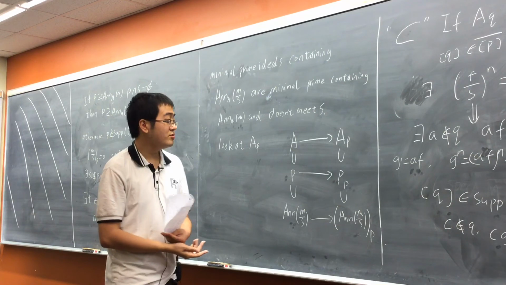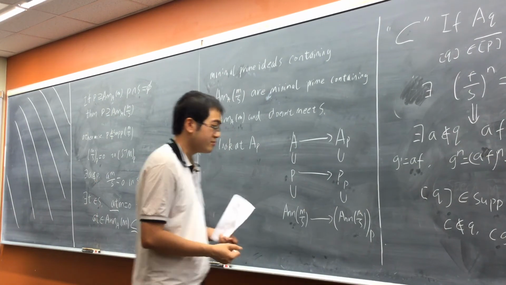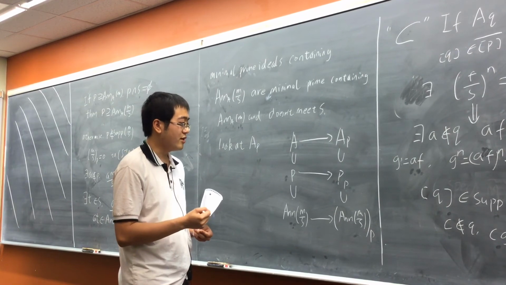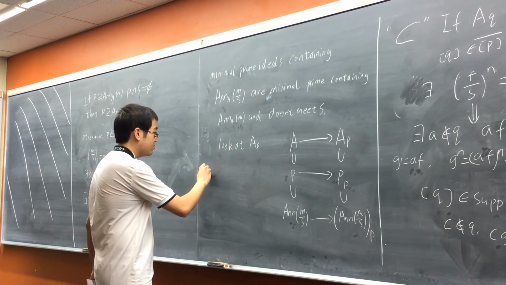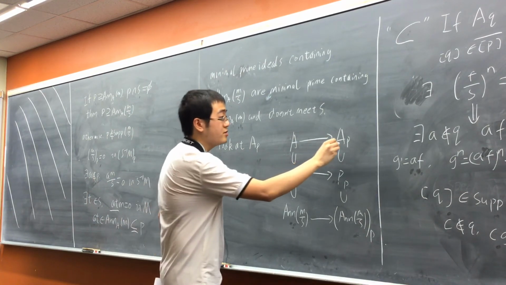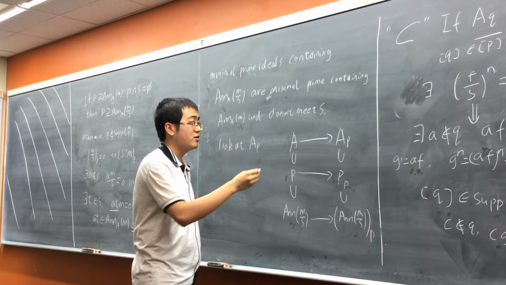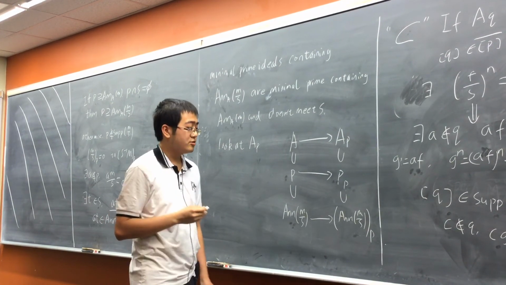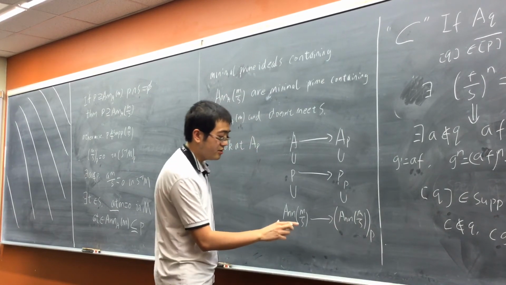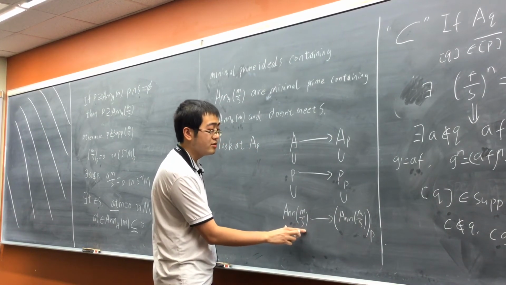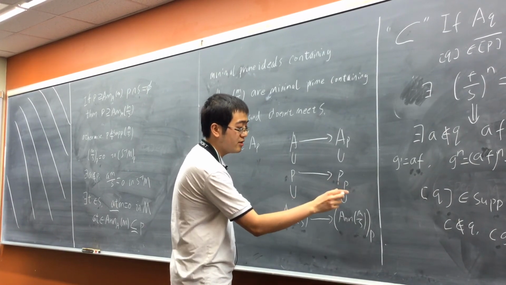So why is this true? This actually comes from a statement we proved a long time ago, that the Zariski topology on Spec A_P is the induced subspace topology on Spec A. So anything in here containing this will correspond to anything in here containing this. So the minimal one containing this set is the minimal one in here containing this set.